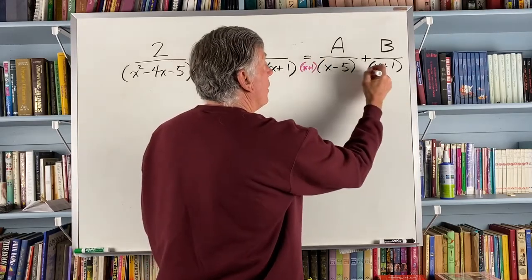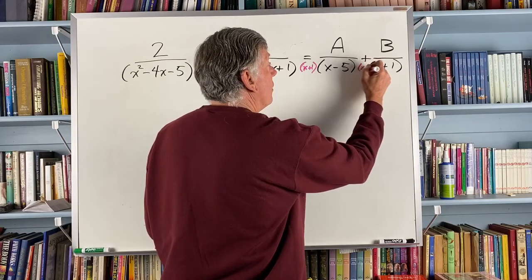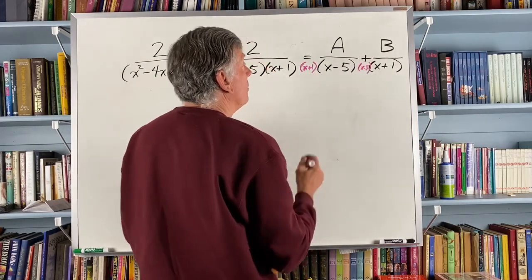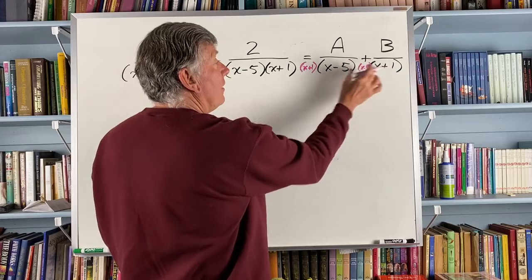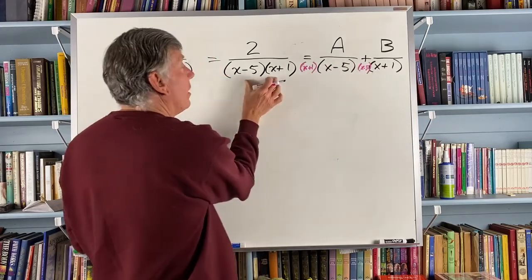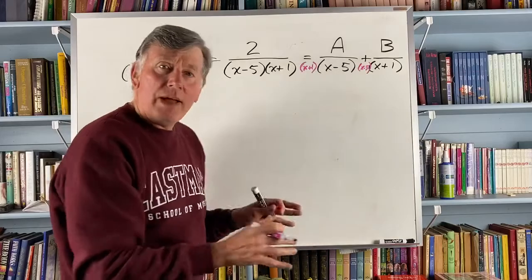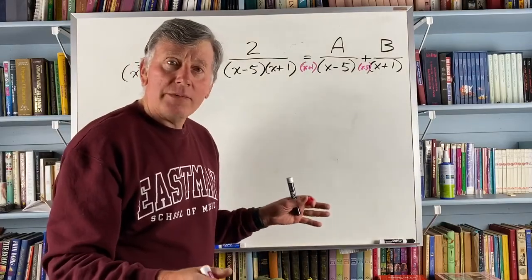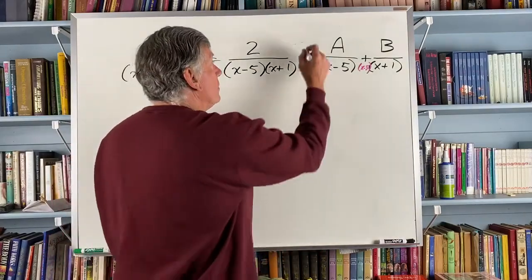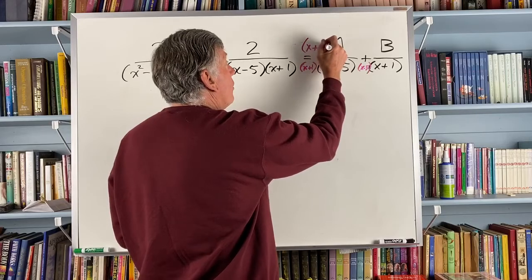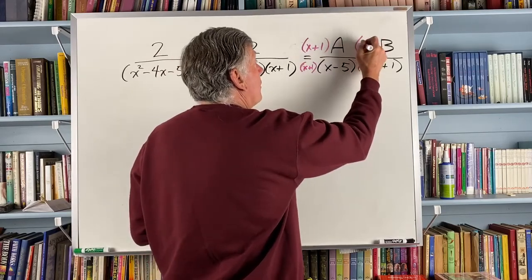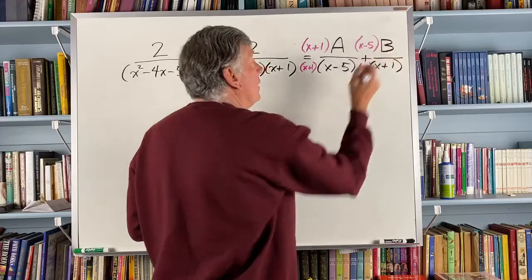What's missing in this one is x minus 5. If I multiplied these through together, I'll have the same denominator as over here. But if I do it on the bottom, I have to do it on the top. So it becomes x plus 1 here and x minus 5 here.